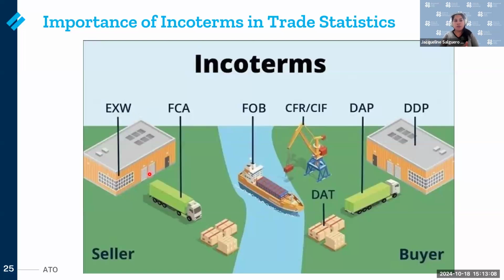And after, you will need to include all the transport from your shop to the port or to the border, then from the border to the shop of the other company, if you're selling to a company. That's what we call Incoterms in terms of prices.